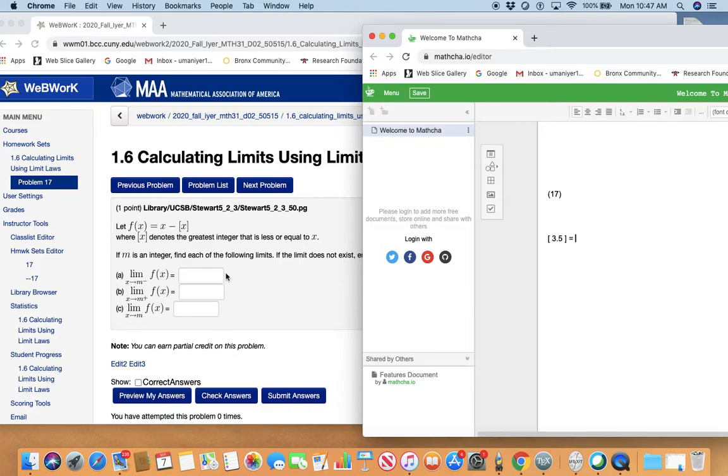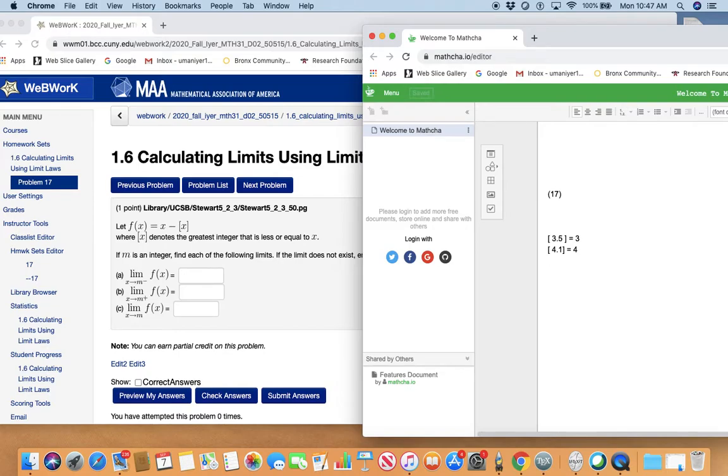What is it? Greatest integer less than or equal to x. So less than or equal to 3.5, but you want an integer, so 3, that is it. Greatest integer less than or equal to 4.1 is 4.